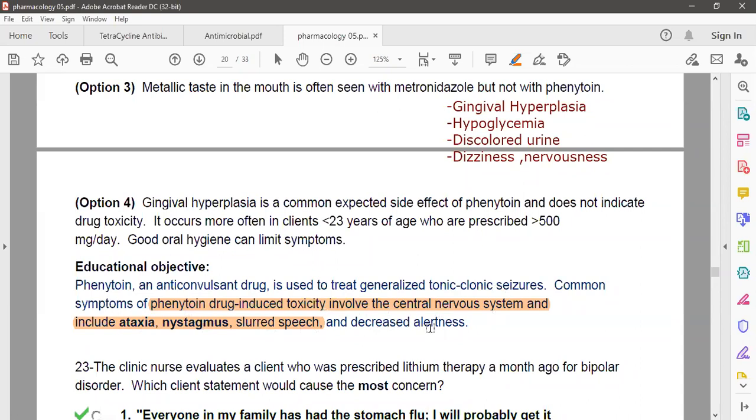But gingival hyperplasia is a common expected side effect of phenytoin. It is not drug toxicity, right?